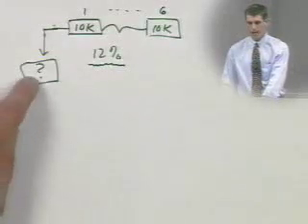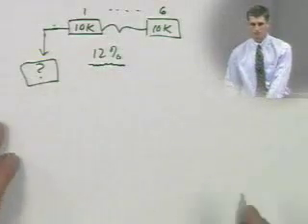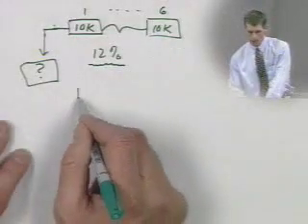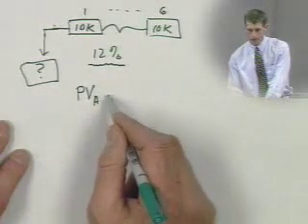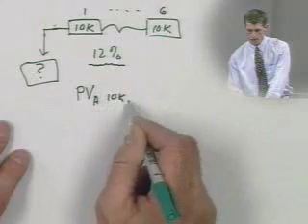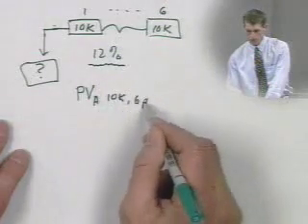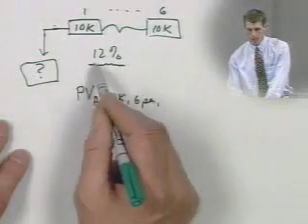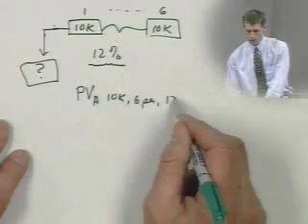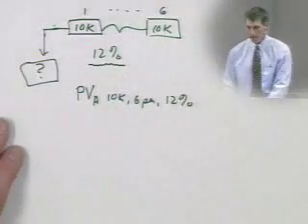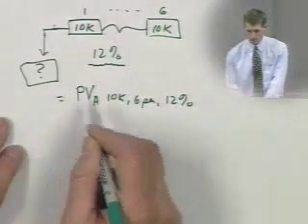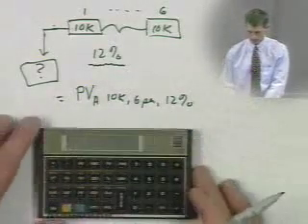In order to find that out, what do we do? Well, we take the present value of an annuity, and the annuity is $10,000 for 6 periods at our required rate of return, which is 12%. And when we do that, I'll do it here.